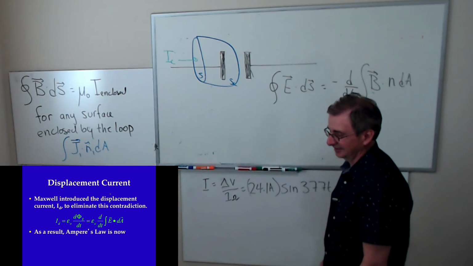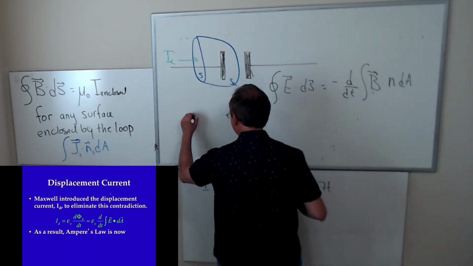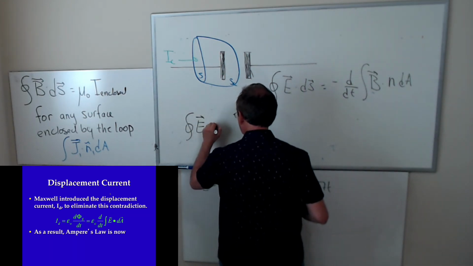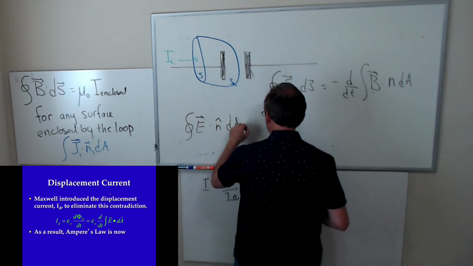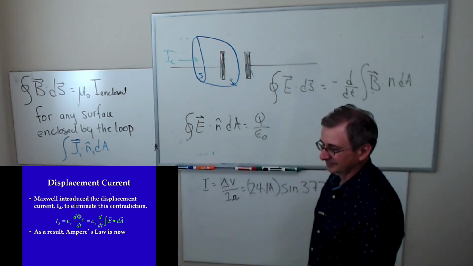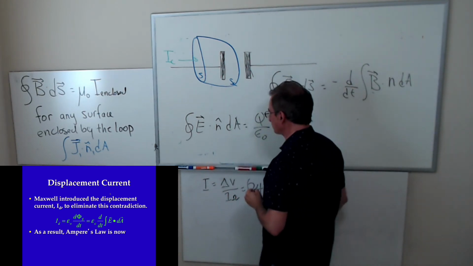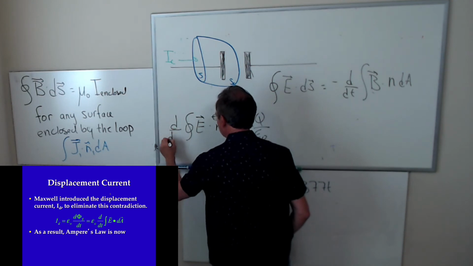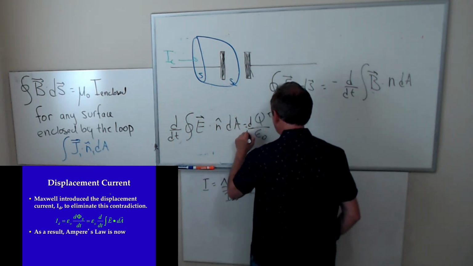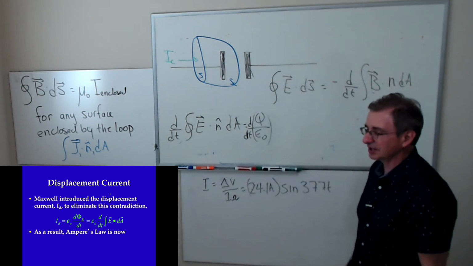What about Gauss's law? Maybe if I integrate the electric field around the surface and take the time derivative of this, that could be the correction.